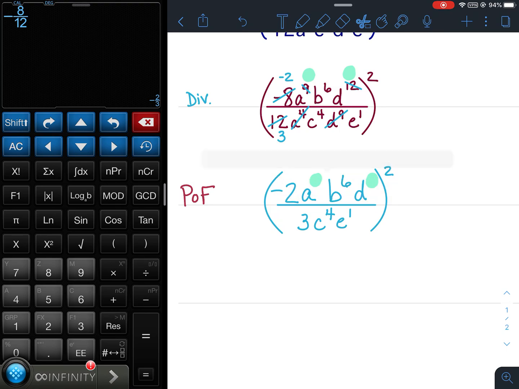There we go. Just so I can see that it was a -2. So we're going to take -2 to the second power. On the bottom, you'll take 3 to the second power. Negative 2 squared is 4.